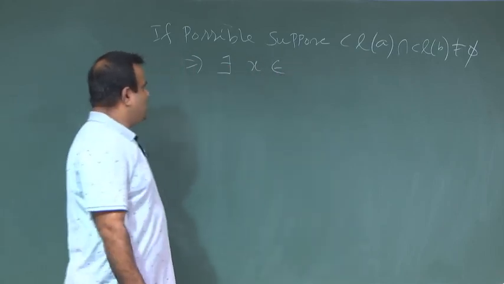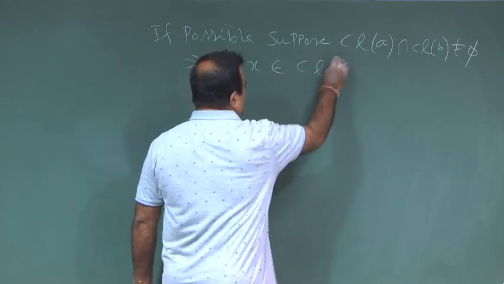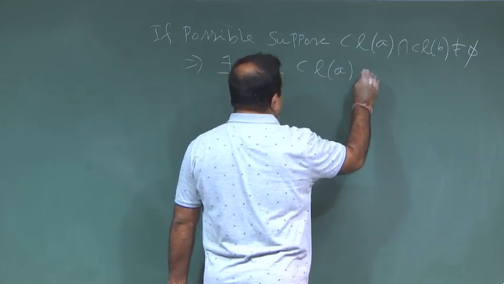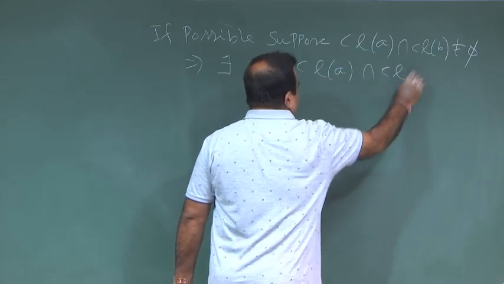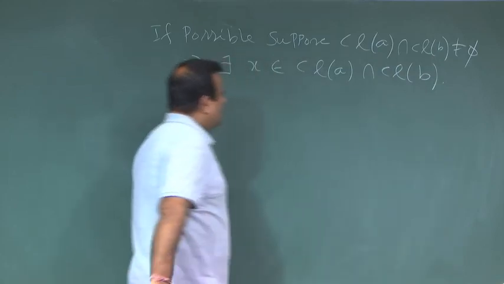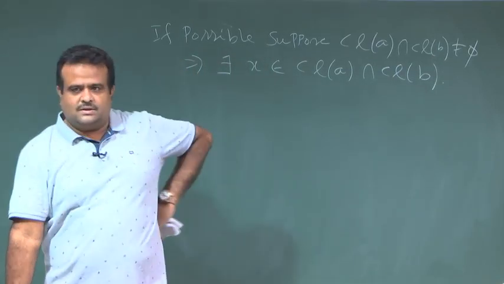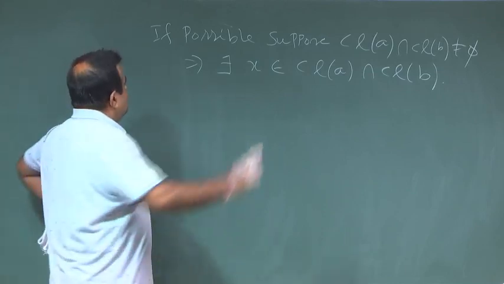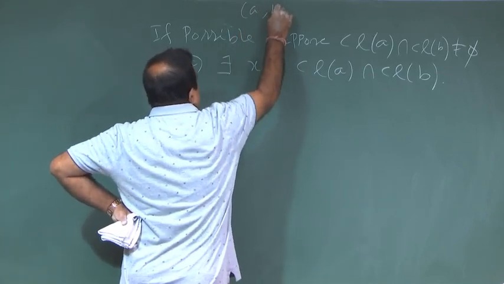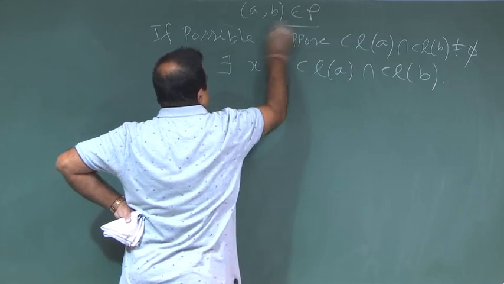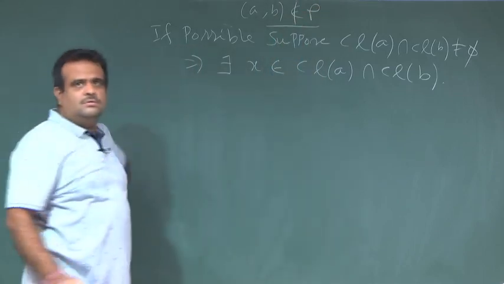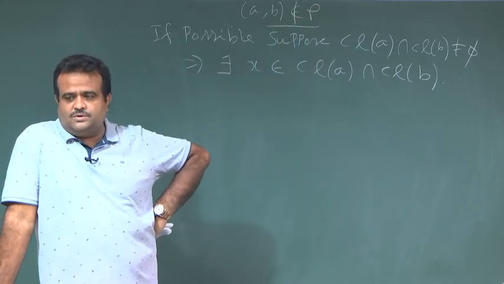There exists an element x which is in the intersection, and we need to arrive at a contradiction. And here we know that (A, B) is not related, (A, B) does not belong to rho, that is the information we have.